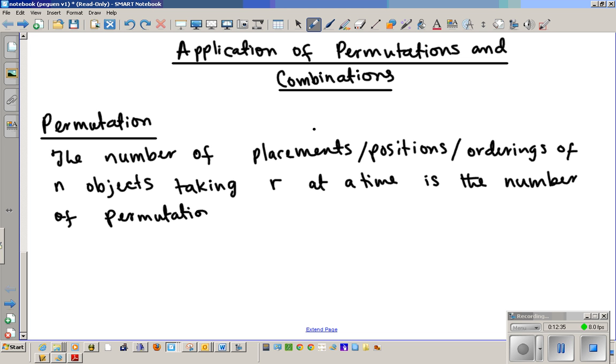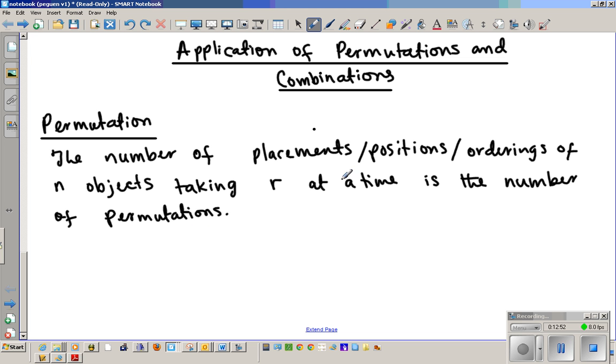So don't forget, you can think about the word PPP: permutation, placement, positions, or order basically mean the same thing. Any problem involving placement, ordering, positions, like seating or lining up, all those things involve permutation.